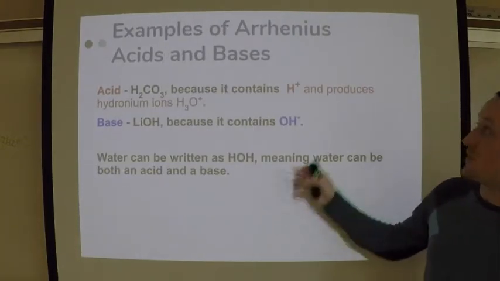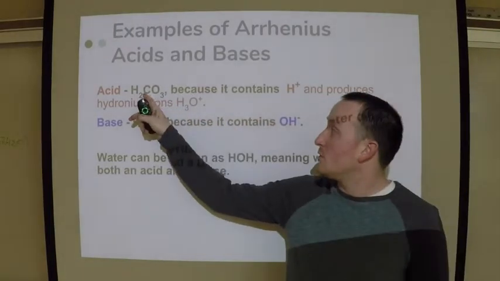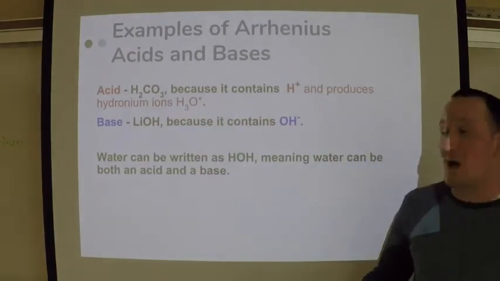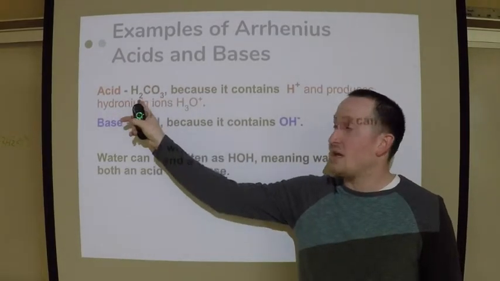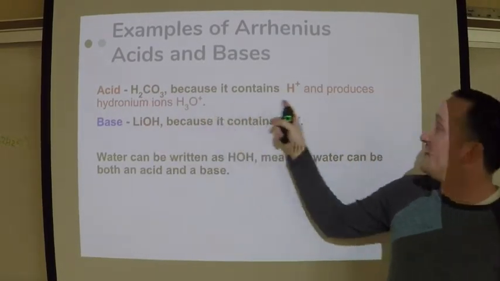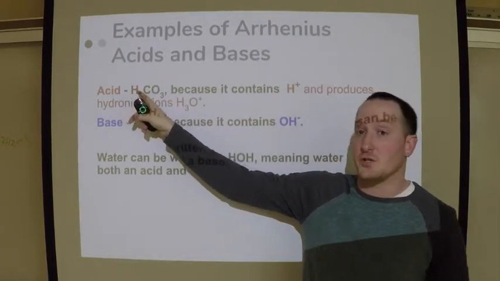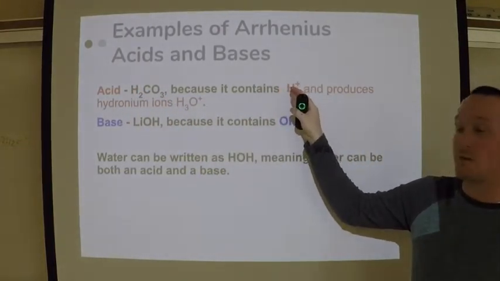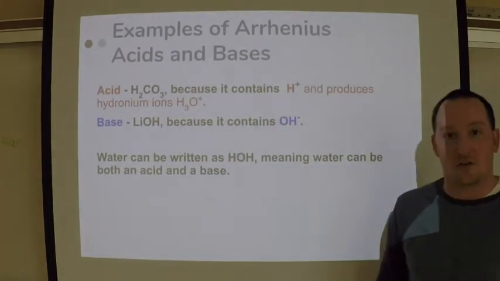Some examples of Arrhenius acids and bases: I look at H2CO3, that's carbonic acid. I would define it as being an acid because I see that H plus at the front, or I guess you don't see the H plus, you see the hydrogen, but really that is H plus. It would produce hydronium ions in solution, so I would categorize it as an acid.